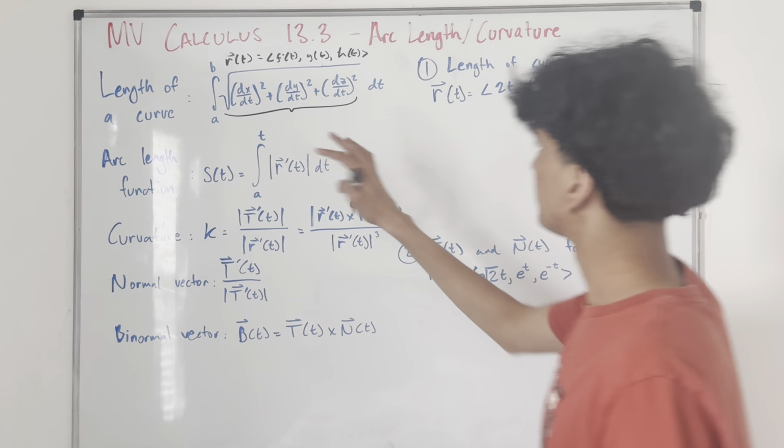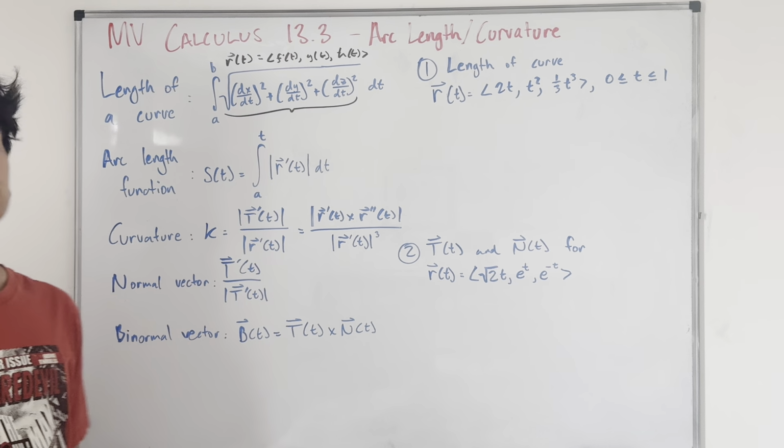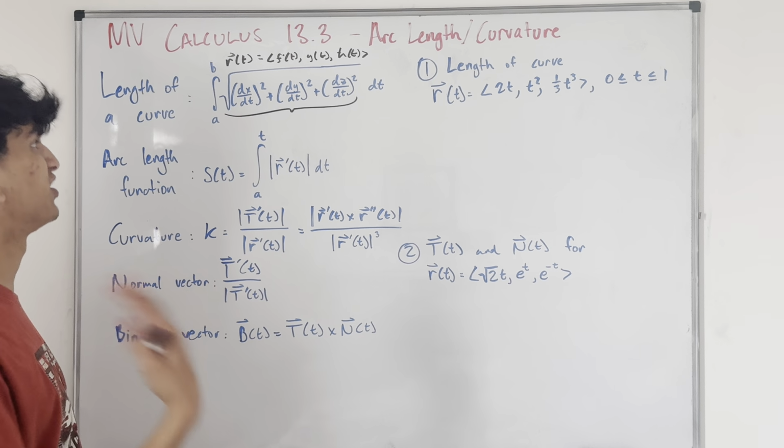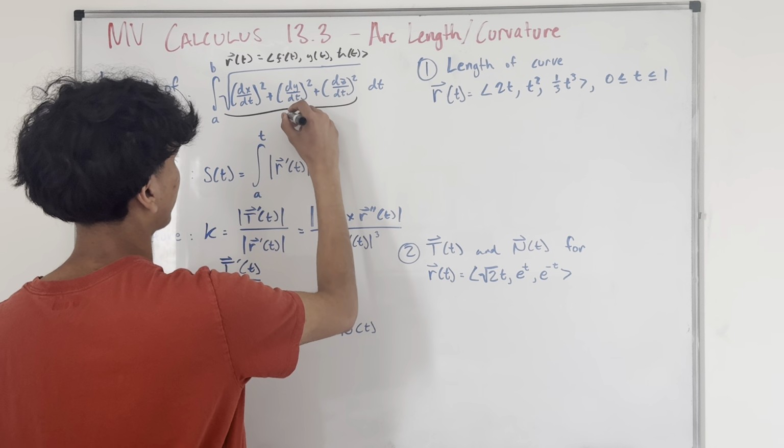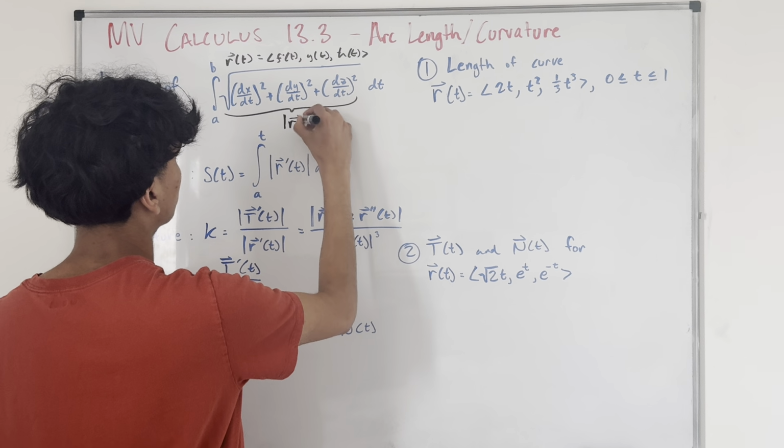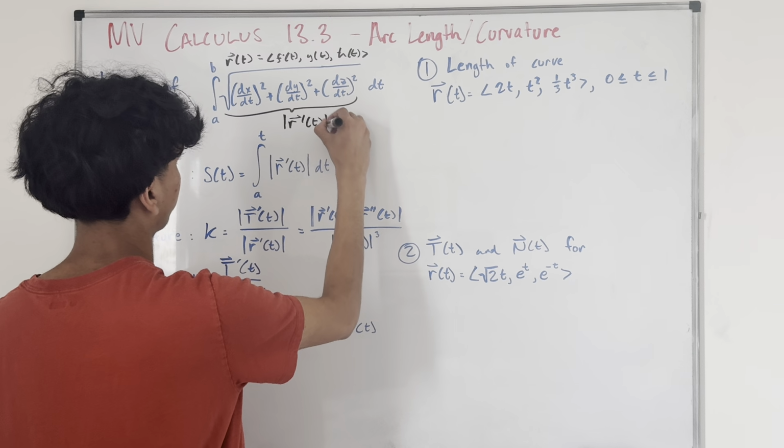So this square root of (dx/dt) squared plus (dy/dt) squared plus (dz/dt) squared term just ends up being the magnitude of the derivative of our vector function.